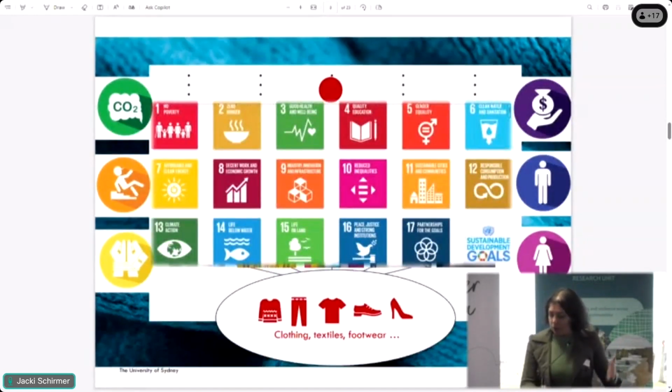And Tony showed us the Sustainable Development Goals at the University of Sydney. What we're trying to do is connect these indicators, CO2 emissions or income, employment, modern slavery, to the Sustainable Development Goals. And Tony made a really good point that these goals are nationally focused.